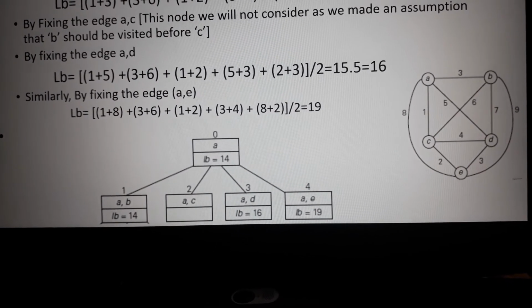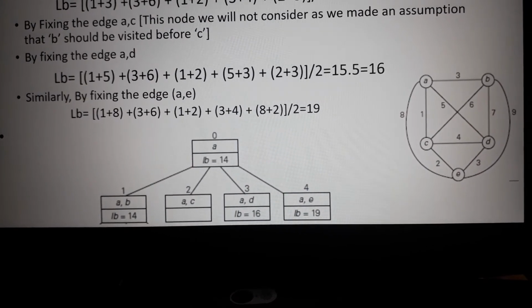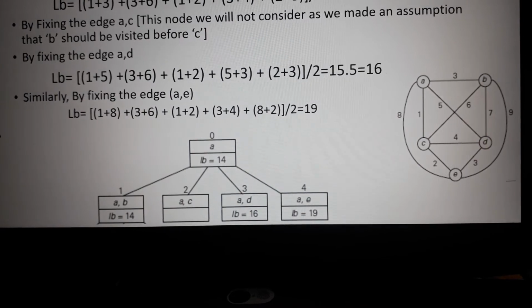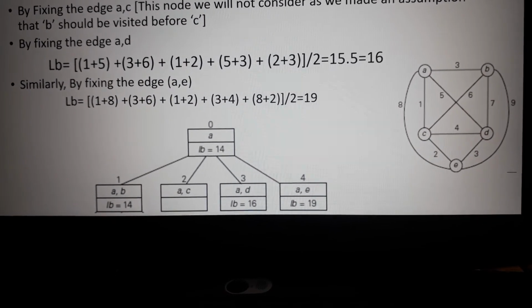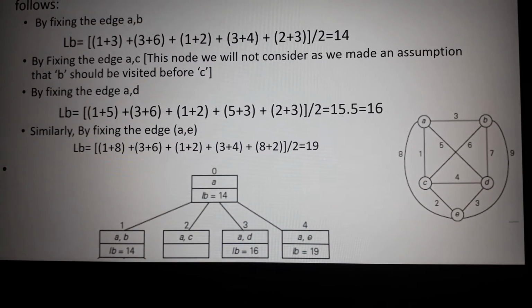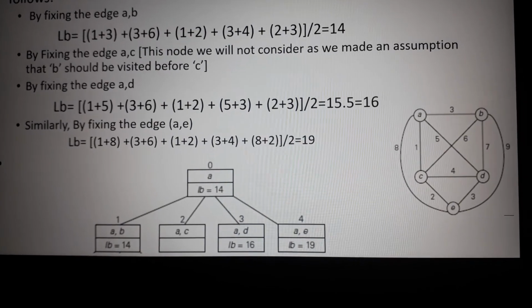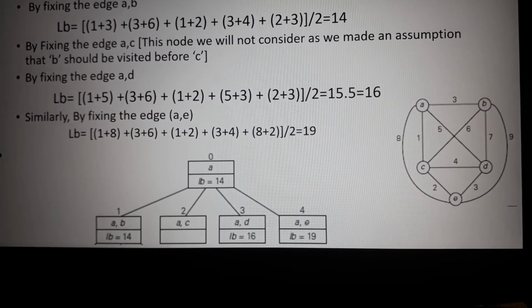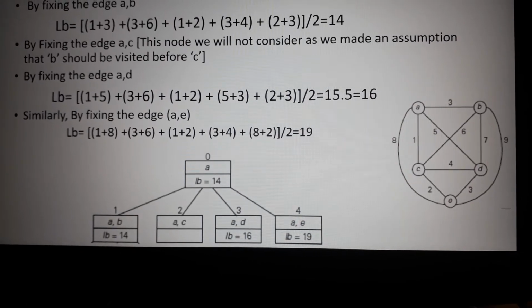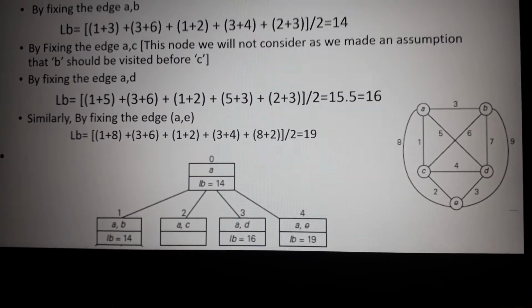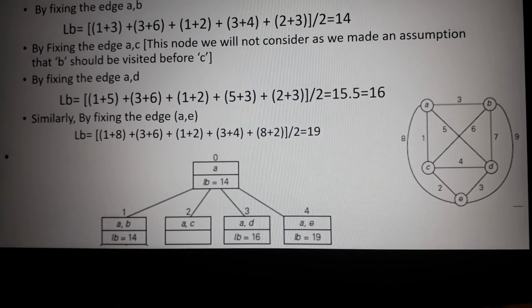Next, from the city C, the two minimum cost edges are 1 and 2, so we consider the sum 1 plus 2. Similarly, from the city D, 3 plus 4, and from city E, 2 plus 3. So, the lower bound is equal to the sum of the two minimum cost edges of all the cities divided by 2. After fixing the edge AB, we get the lower bound equal to 14.